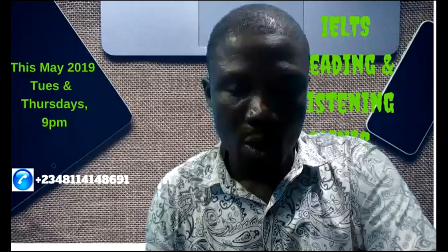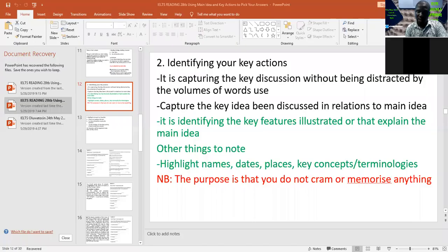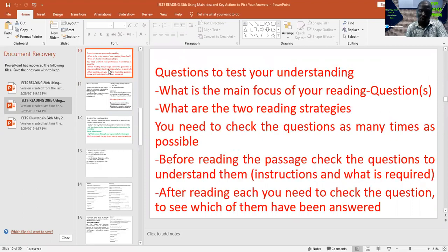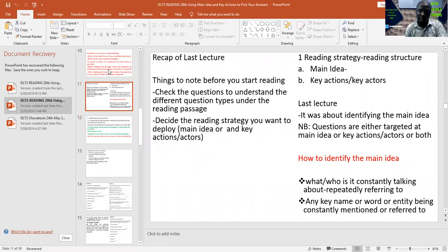So we are in the IELTS reading season, and for this season, for the past 3 lectures or thereabouts, I've been laying the foundation for what I call effective reading, the foundation that will help us to overcome some of the challenges we normally encounter in IELTS reading.